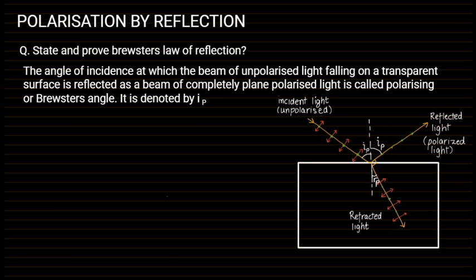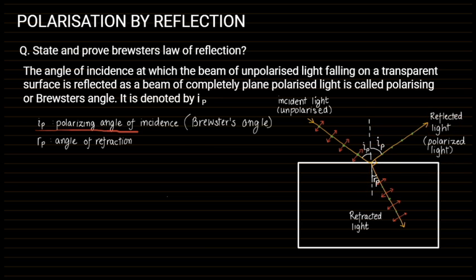Now in this case, the angle between your reflected light and your refracted light is always 90 degrees. Consider this straight line normal. If IP represents the polarizing angle of incidence, which is your Brewster's angle, and RP represents your angle of refraction, then the sum of all these angles should be how much?